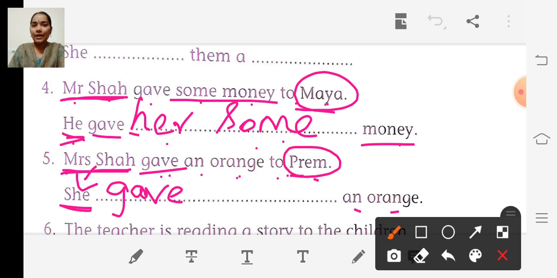Prem. Prem is a male, isn't it? Male's name. So we have to write him. She gave him an orange. Okay.